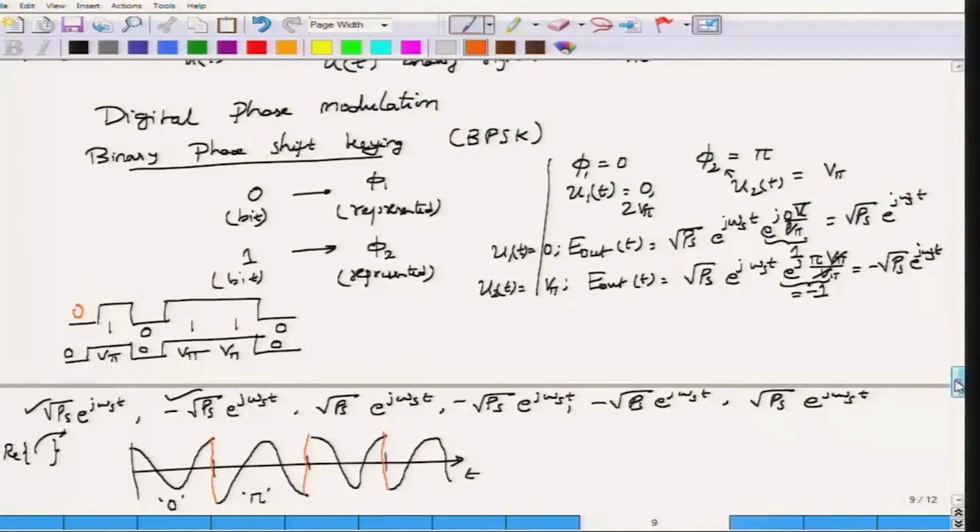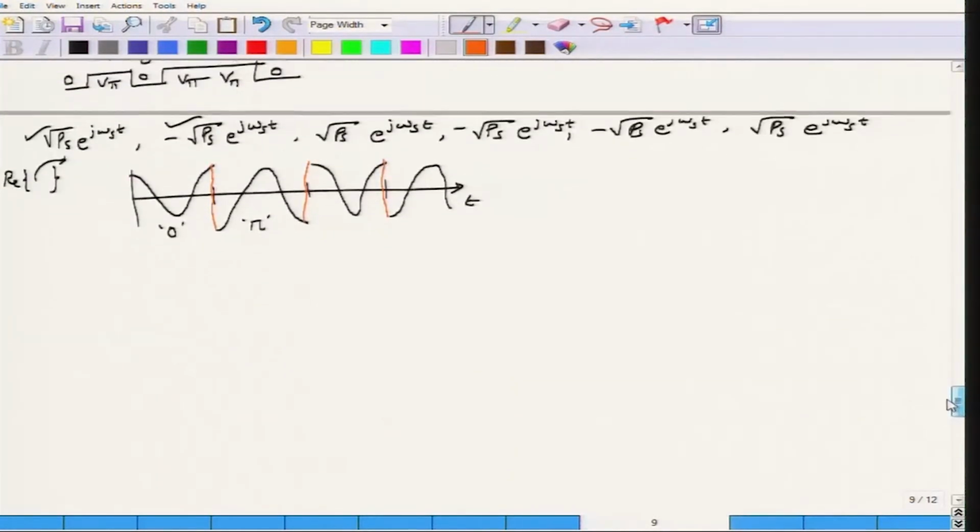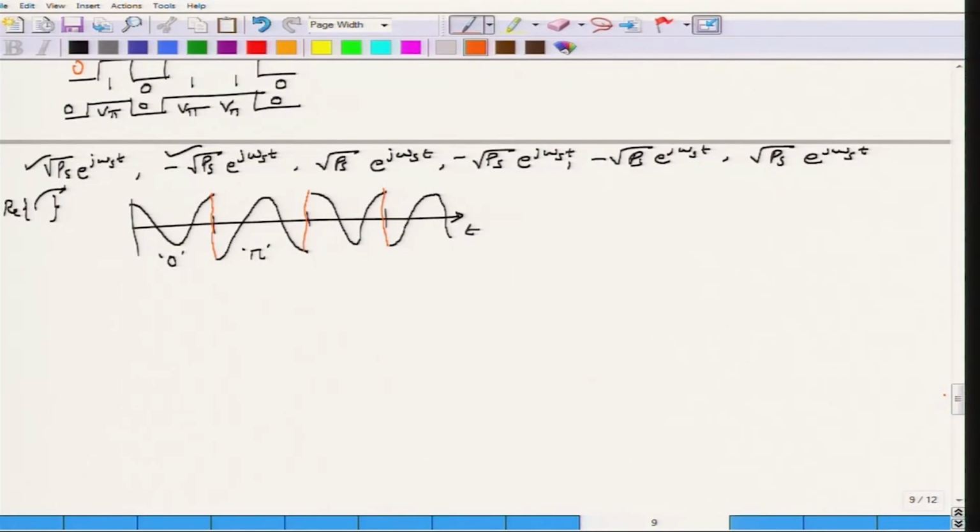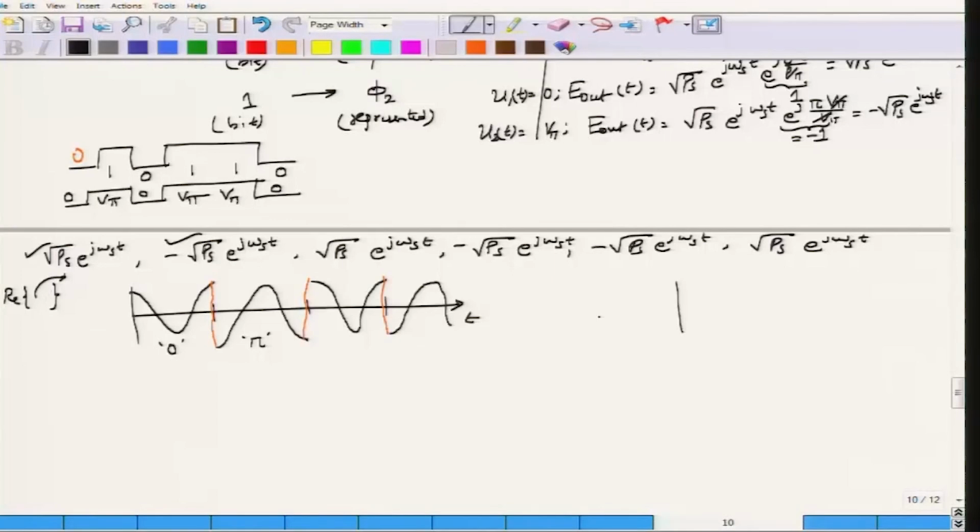So, although the modulation is digital, the final waveform that will be transmitted over the fiber is actually an analog waveform. Okay. So, this completes our understanding of BPSK and phase modulation. Of course, we will revisit all these in much more detail when we take up higher order modulation formats.